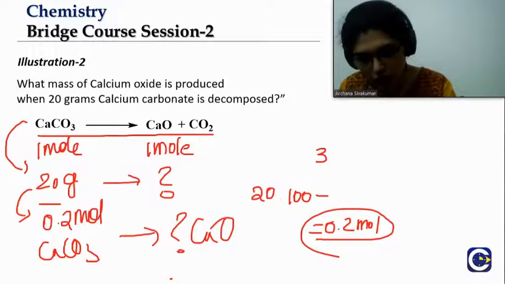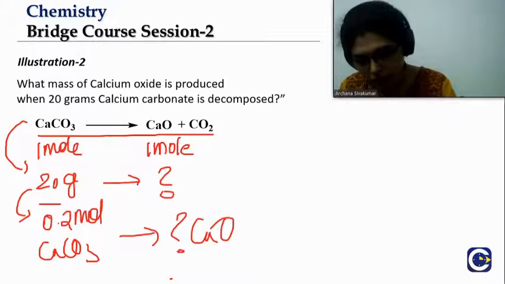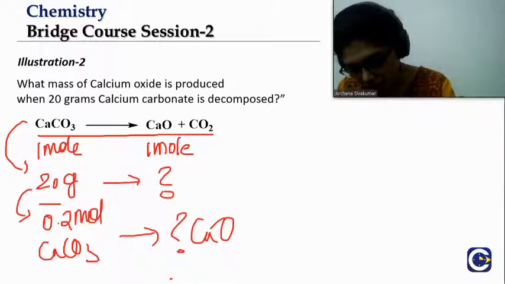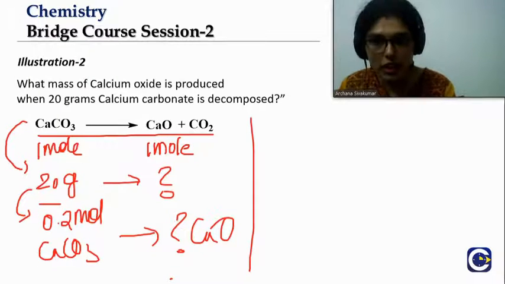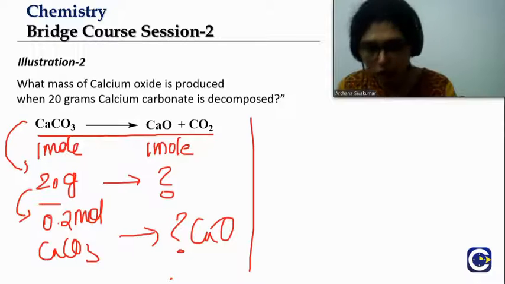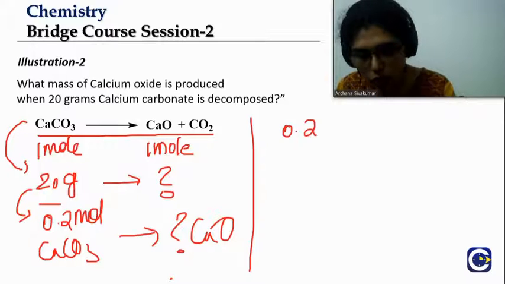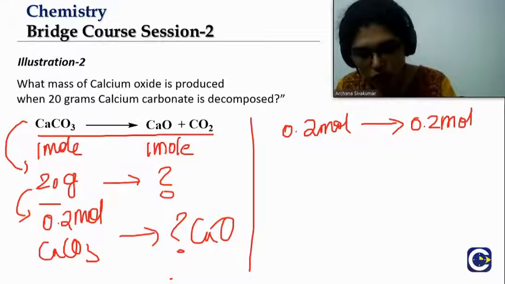How do we find out? Again by using the standard mole ratio. 1 mole gives 1 mole. So 0.2 mole obviously will give rise to 0.2 mole of calcium oxide.